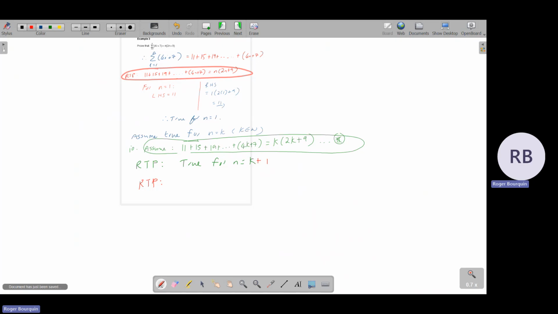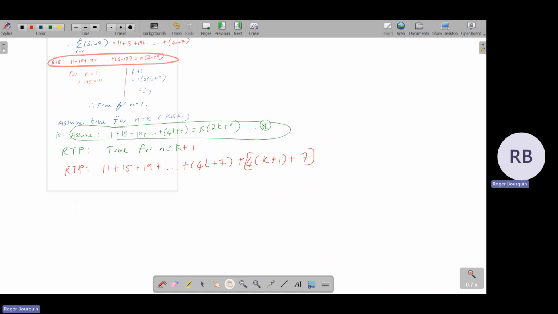So now, n is equal to k plus 1. In other words, in this example, what do we have to prove? 11 plus ... plus 4k plus 7 plus 4(k plus 1) plus 7 is equal to (k plus 1) times 2(k plus 1) plus 9.